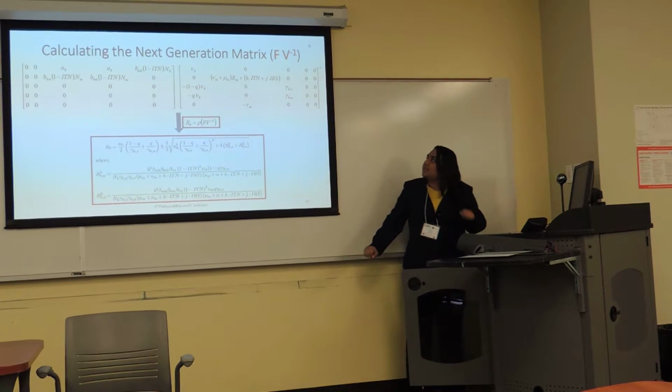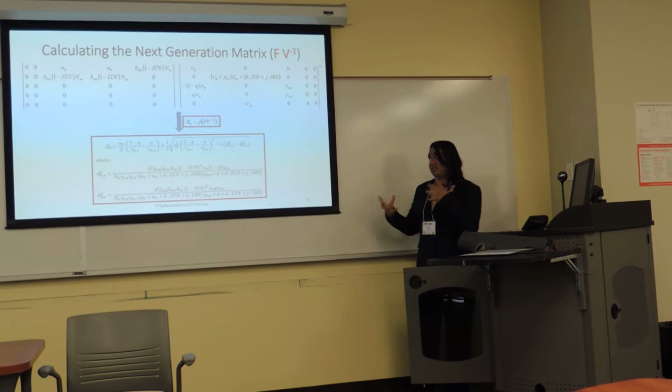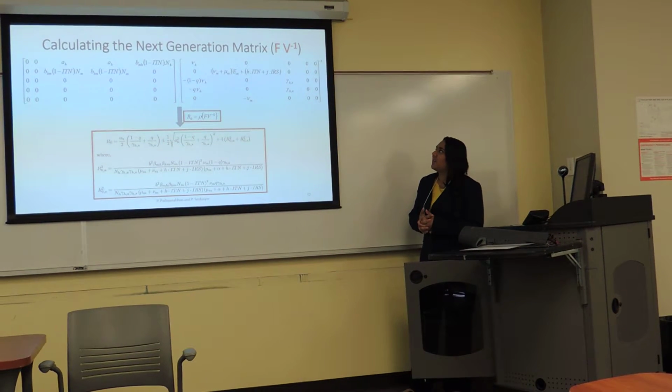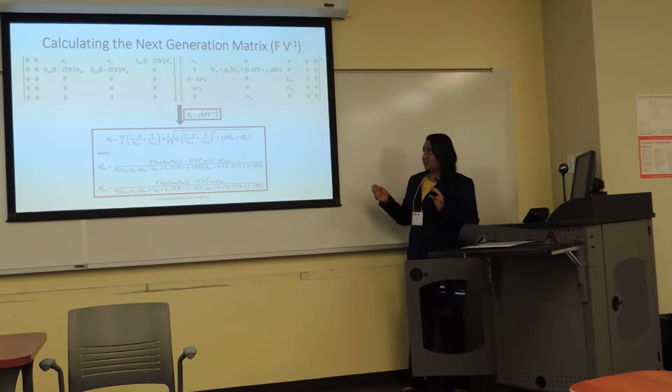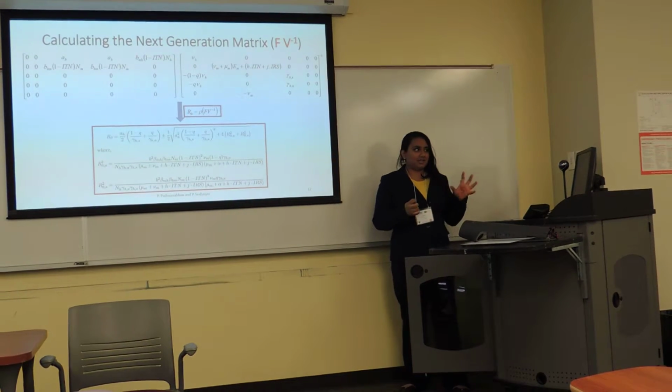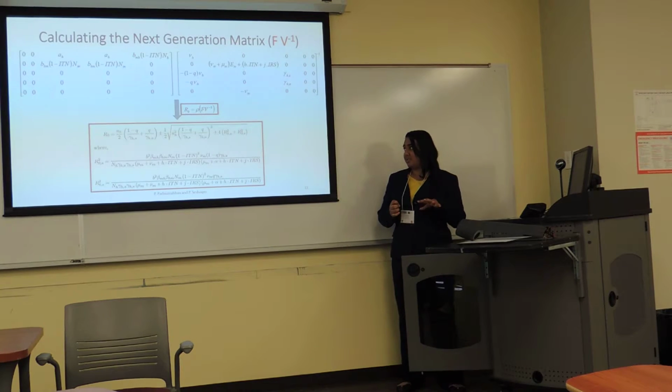So finally, we were able to look at what our next generation matrix was in order to find the R0 value. The R0 is basically the spectral radius of the next generation matrix.